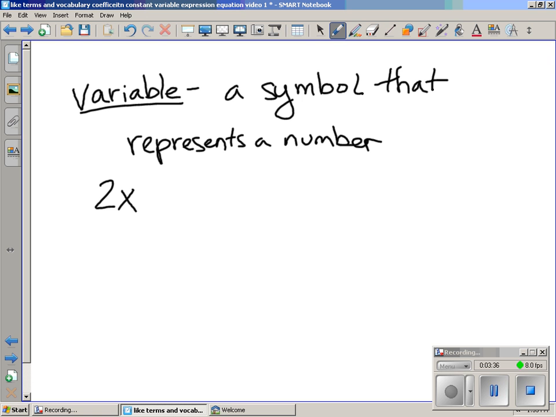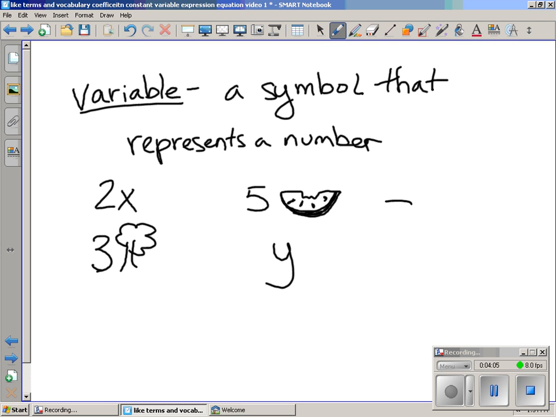You could also use, instead of 2x, maybe you want to use a tree as your symbol. So we could have 3 and then the symbol tree. It could be anything. Maybe you want your symbol to be a watermelon that's had some of it eaten. We got a watermelon. It could be a Y, could be a Z, could be an M.